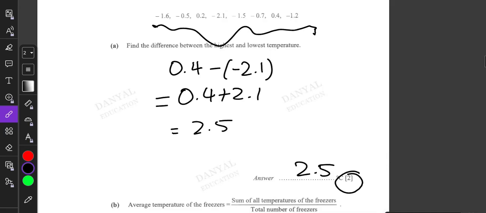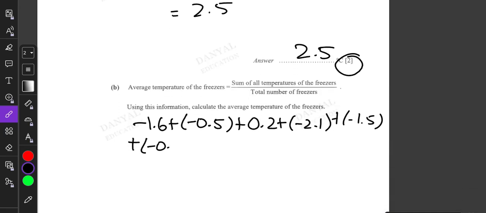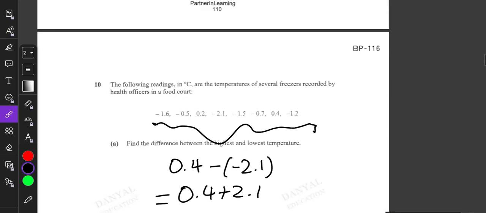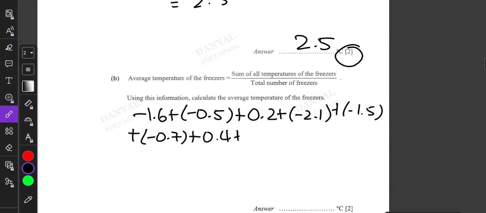plus minus 0.7 plus 0.4 plus minus 1.2. Type everything into the calculator.